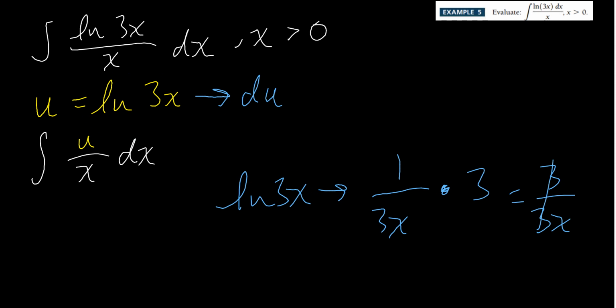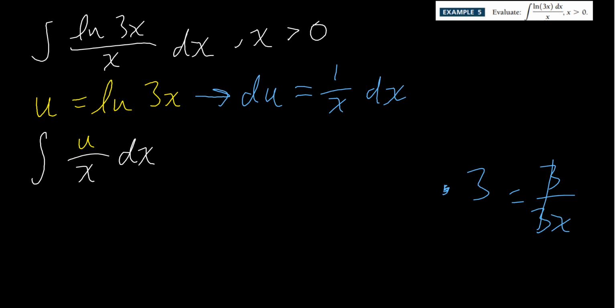So we've got du is equal to 1 over x dx. And it just so happens that I want to replace what appears to be a 1 over x, and then of course the dx.